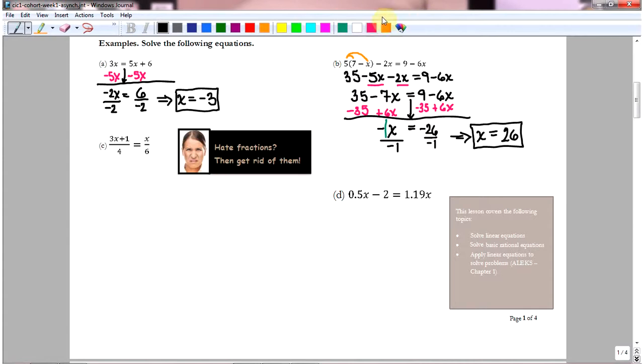So to get rid of the fractions, what you want to do is multiply both sides, preferably by the least common denominator, but any common denominator will do. So we want to multiply both sides of the equation by the least common denominator.